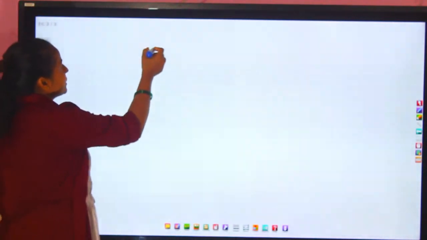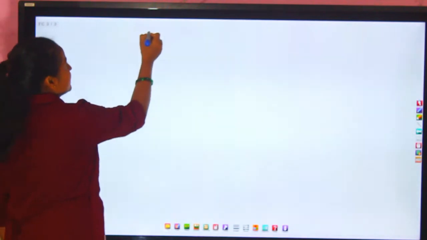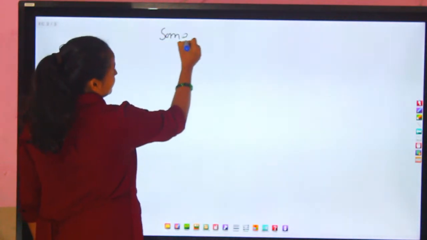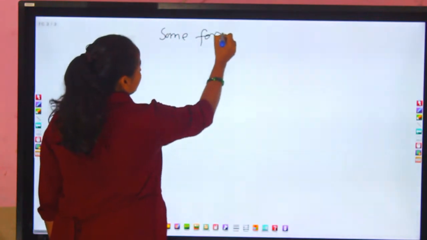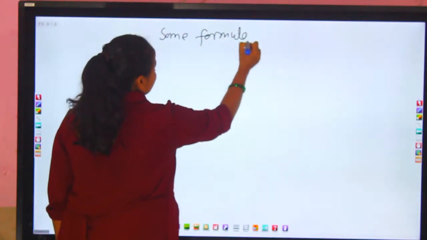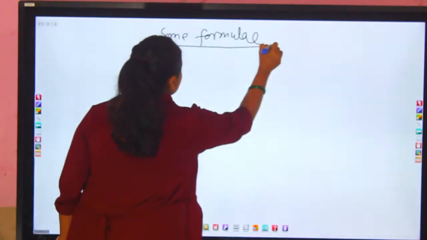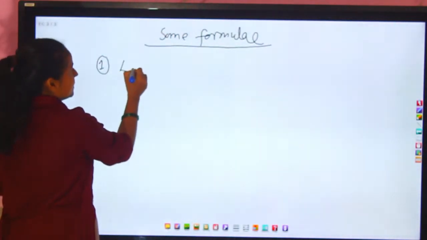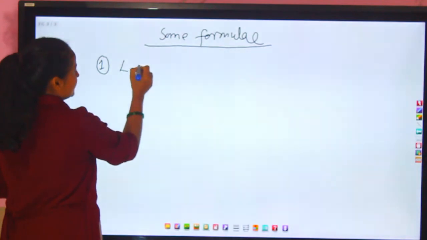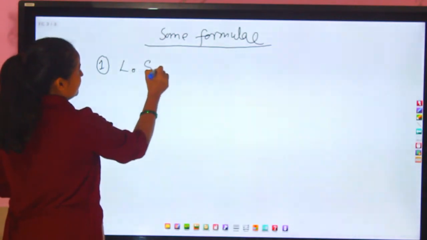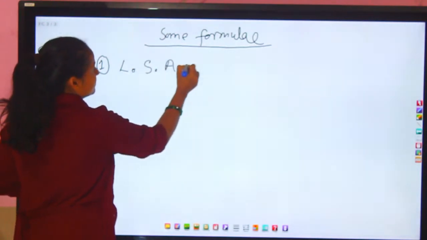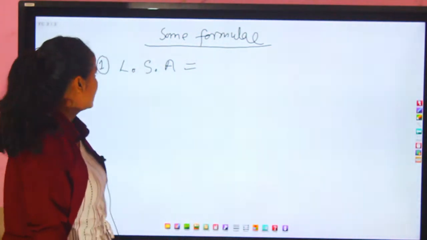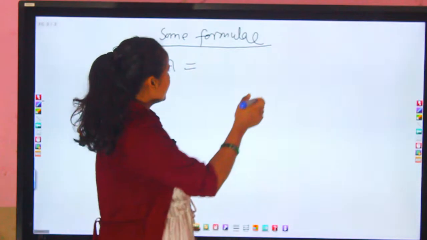Then how to find the surface areas? Lateral surface area of a pyramid. I'm going to make one pyramid here.